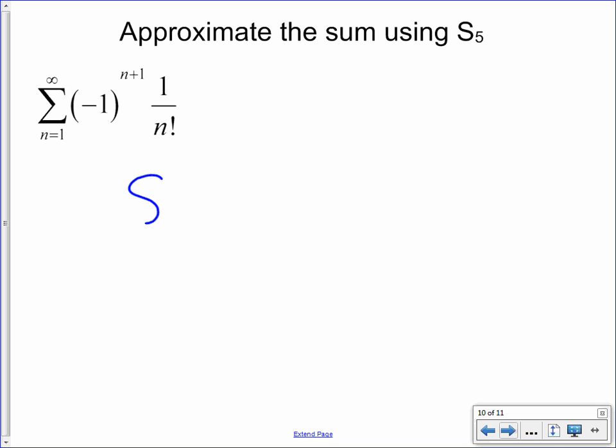So, the fifth partial sum. You can use your calculator. You can either punch this in one by one, or you can use the shortcuts. Math 0 for a TI-84.